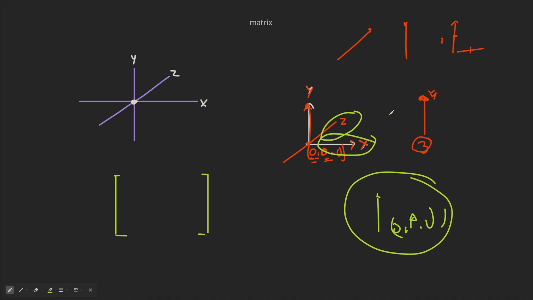Now mathematicians, I'm not a mathematician, created this type of data form. We call this matrix. Sorry, I'm writing with my mouse, so it will look a bit stupid.